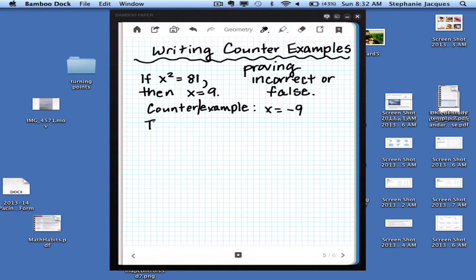The hypothesis in your statement above is true. However, the conclusion is false.